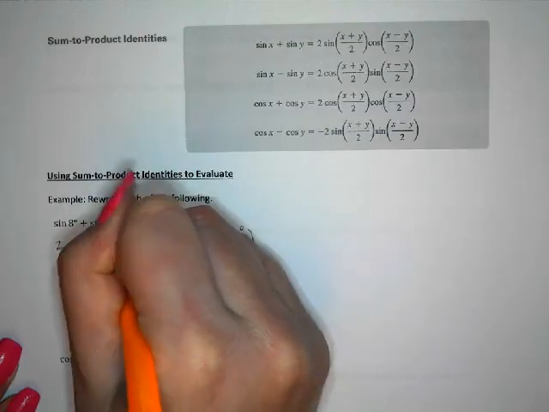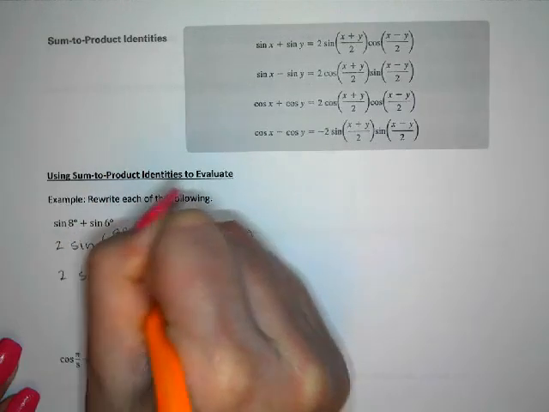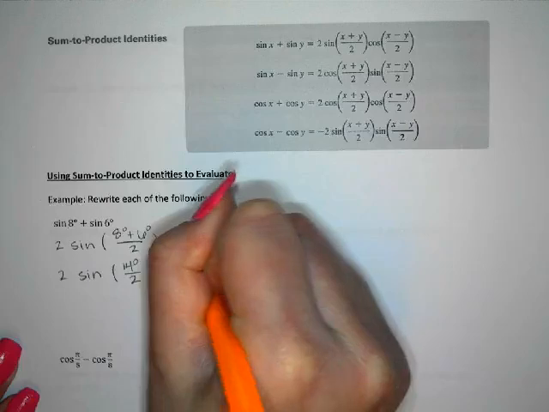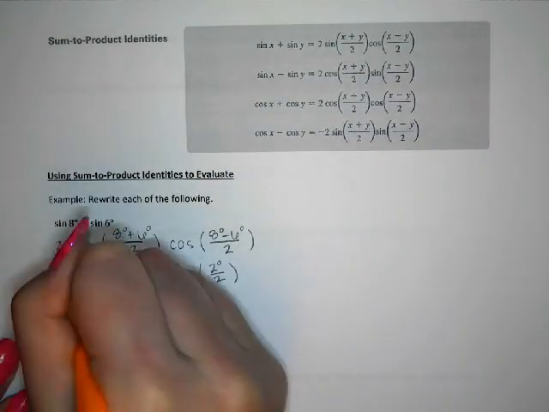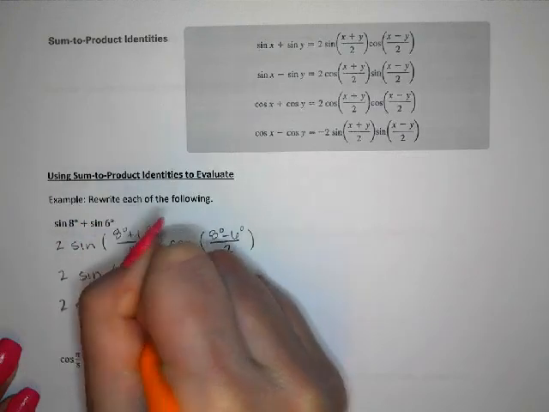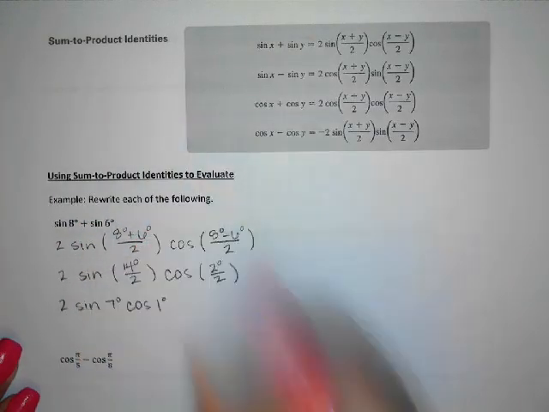So that's 14 over 2. That's 2 over 2. So that gives us 2 sine of 7 degrees cos of 1 degree.